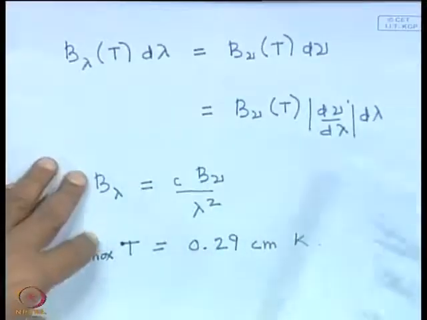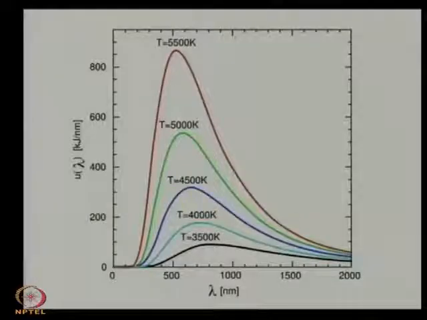Okay. So the key point here is that as you increase the temperature, the maxima shifts to higher and higher frequencies, whichever you look at, or smaller and smaller wavelengths.